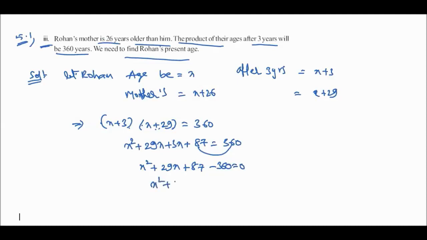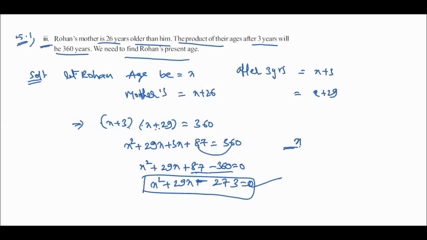So x square plus 29x minus 273 is equal to 0. This is the quadratic equation. We have to show it in the quadratic equation only. Here x is the present age of Rohan.